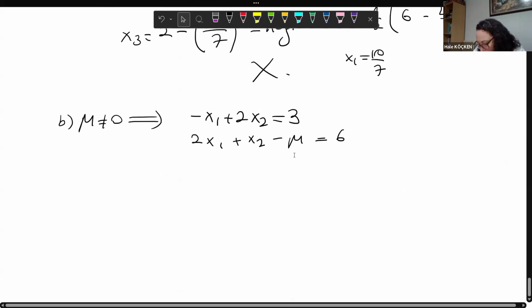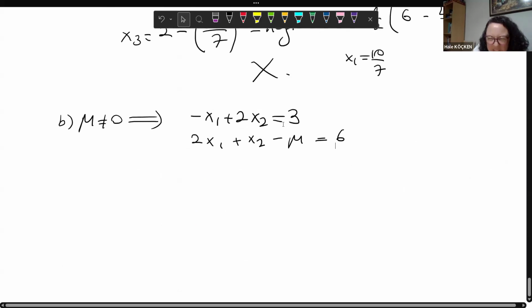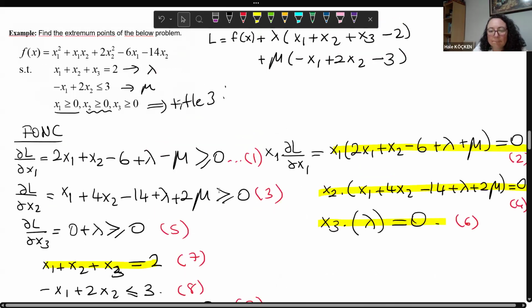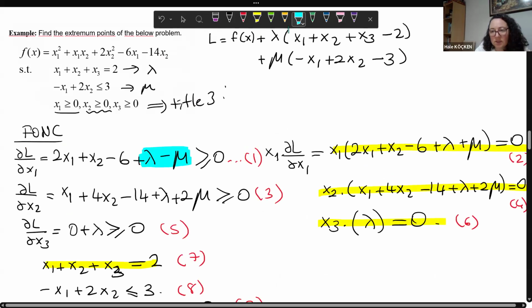Oh, guys, I found a mistake. Oh, at the beginning of the question, I'm sorry. As you see, guys, it is minus mu, but I wrote it as lambda plus mu. It is wrong.